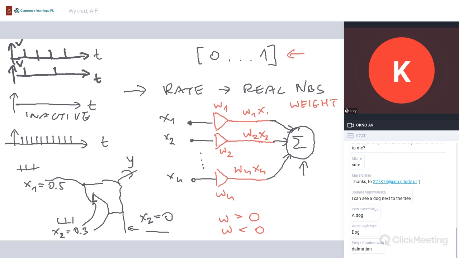What I'm computing is something that I call the activation of a neuron, or a more commonly used term, the state of a neuron. I will be computing a state of a neuron, and the state of a neuron is just a sum of all of these components.